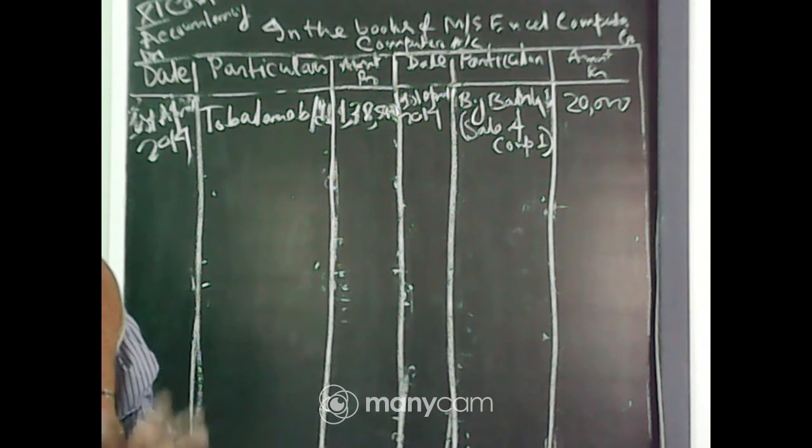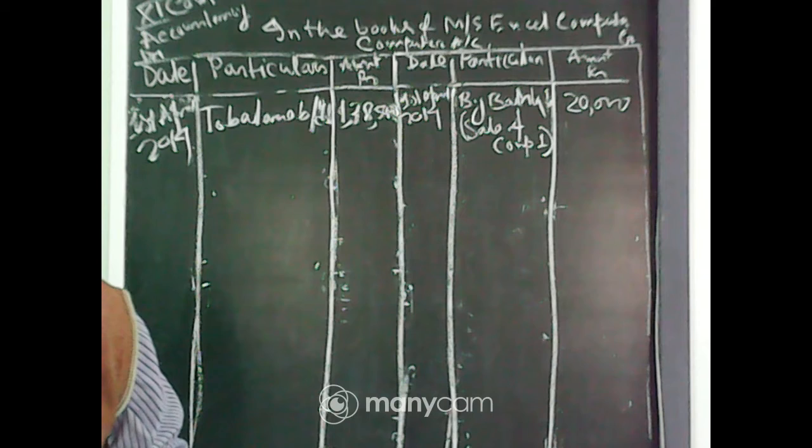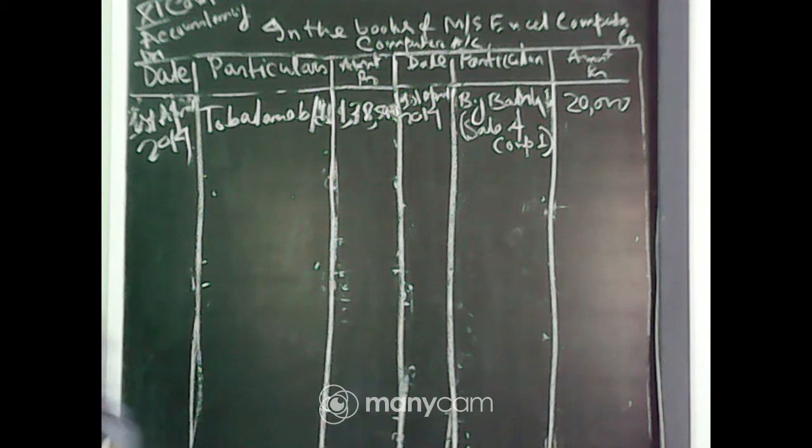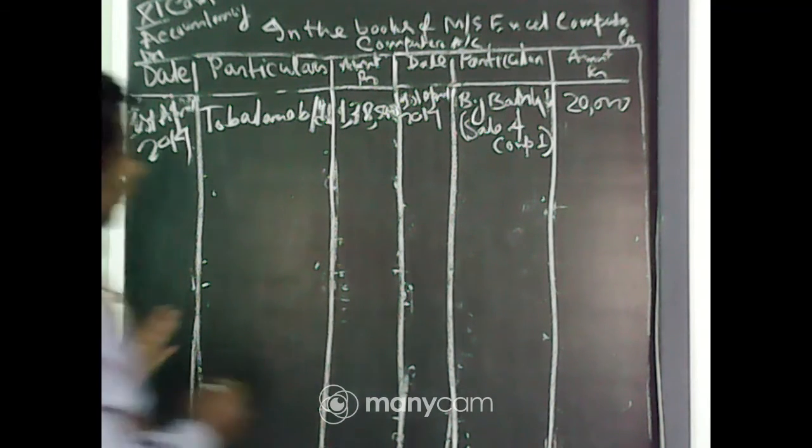The value is 2,50,000. Board is okay, there is no problem. Now, in 2010, the original cost of the machine is 2,50,000. Now look at the working.